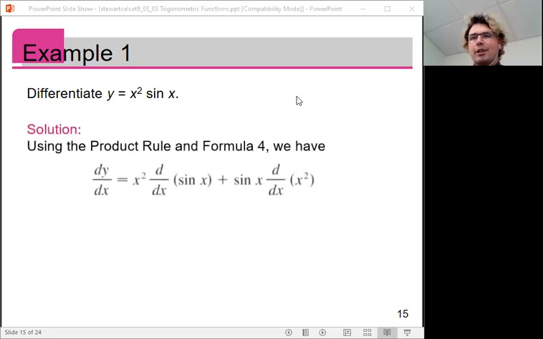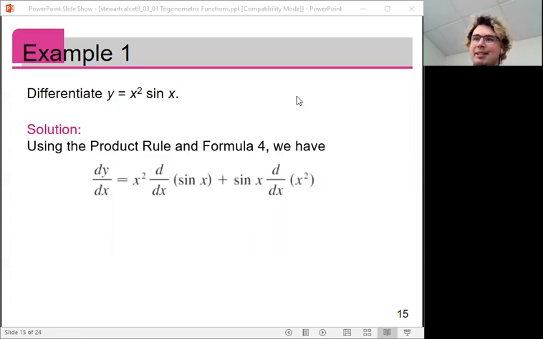Well, the product rule tells me that if I can write this as the product of two different functions, then dy dx is going to be one of those functions times the derivative of the other, plus the derivative going the other way. Let's be explicit. dy dx is x squared times the operator d on dx applied to sine of x.